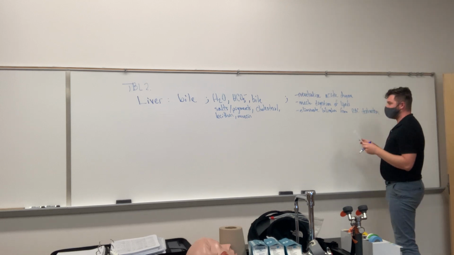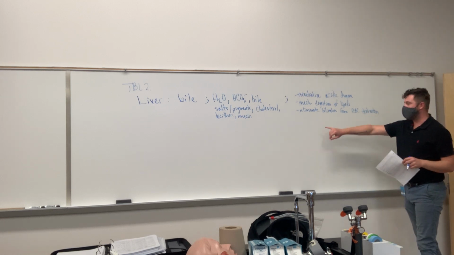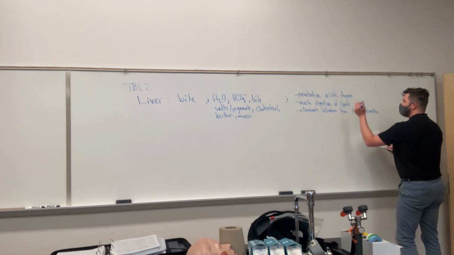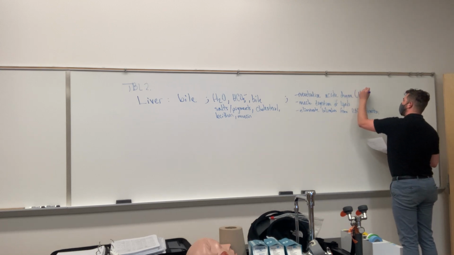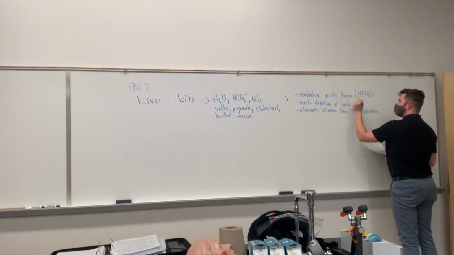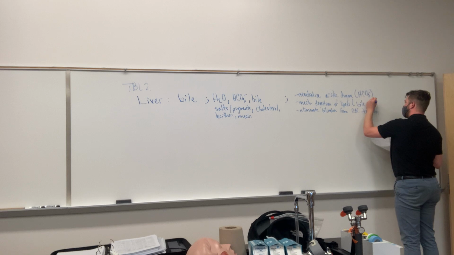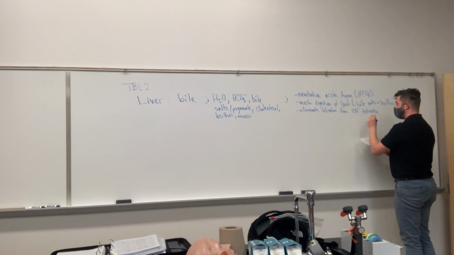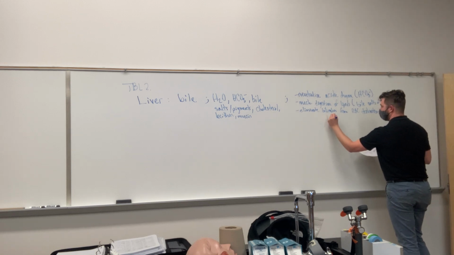So your liver helps to break down red blood cells, and it's going to eliminate that bilirubin as a waste product. That's why your feces is brown. So it's the bicarbonate that will neutralize that acidic chyme. You're going to have your bile salts and lecithin digesting fats. And again, the bilirubin provides a pigment.